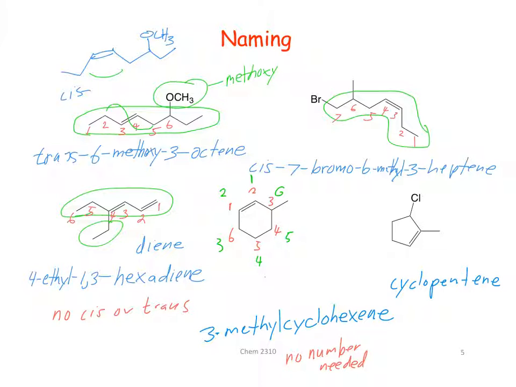So we're going to number it from here because that puts the methyl group at position 1, even though the chlorine ends up being at position 5. We're going to give that first substituent the lowest possible number. So this one is going to be 5-chloro-1-methylcyclopentene.